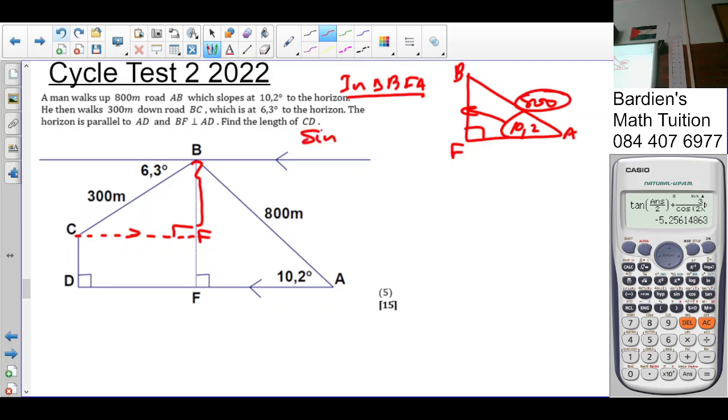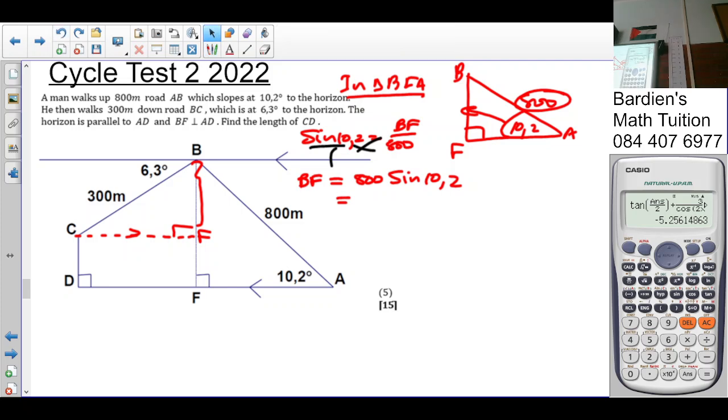So you say sine 10.2 is equal to BF over 800. You see that, people? So naturally this is over 1, you cross multiply. So that would be BF equals 800 sine 10.2.